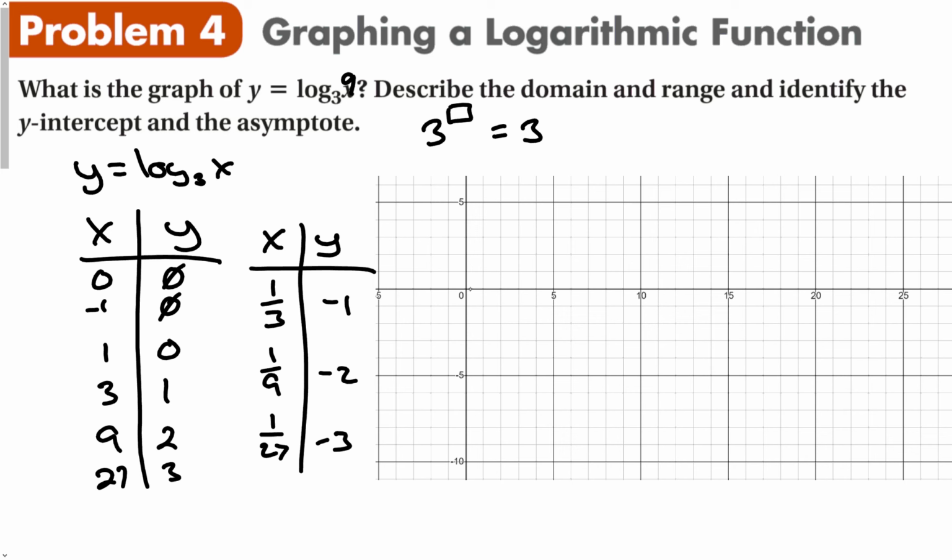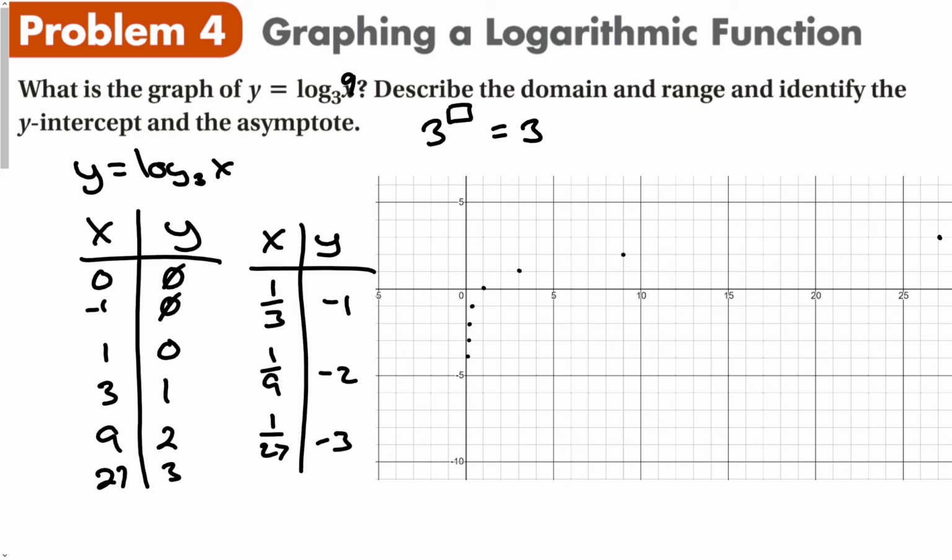As I get really, really close, well, let's just graph these. 1, 0, 3, 1, 9, 2, 27, 3. But as I go closer and closer to the y-axis, 1/3 was negative 1, 1/9 is even closer, then 1/27, 1/81, right?